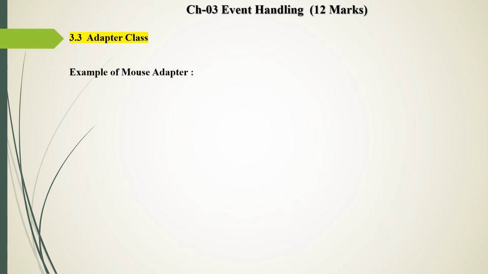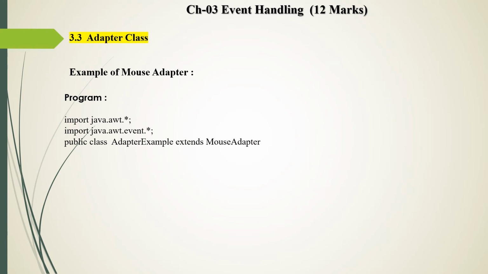Next, we have one example of a MouseAdapter program. First, in the program, we import the java.awt package. Then we import java.awt.event. This package is used to handle events. Next we define one class, AdapterExample, which extends MouseAdapter.